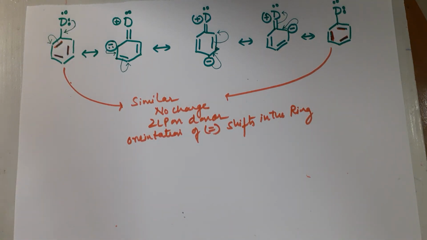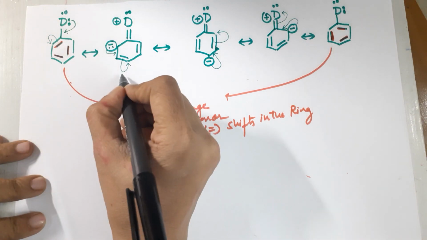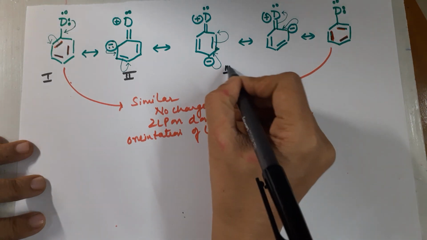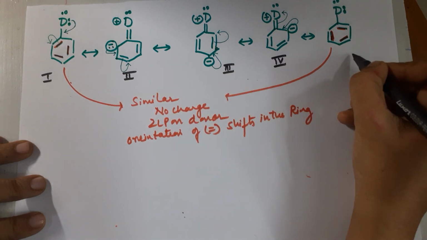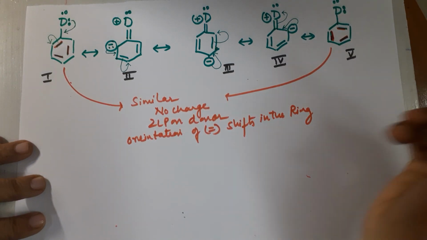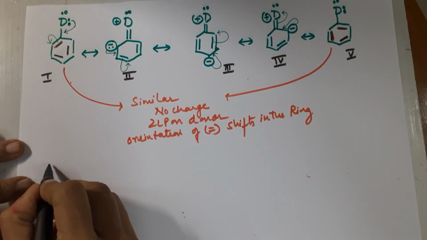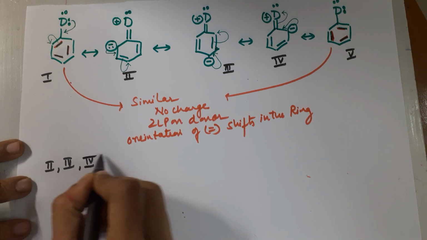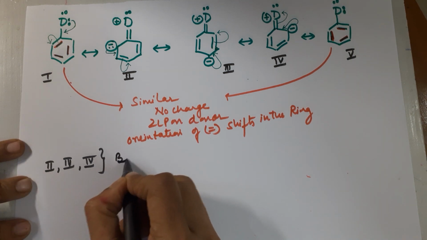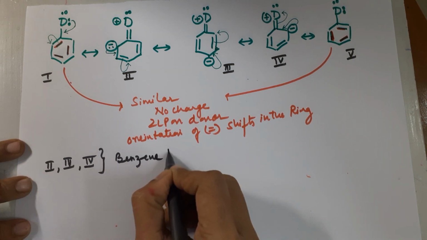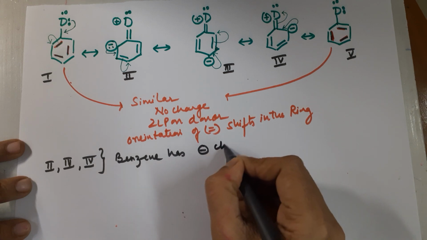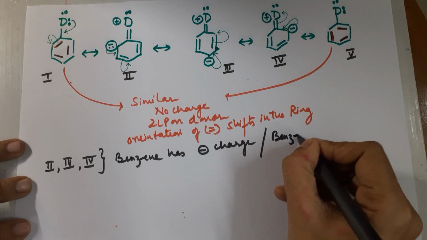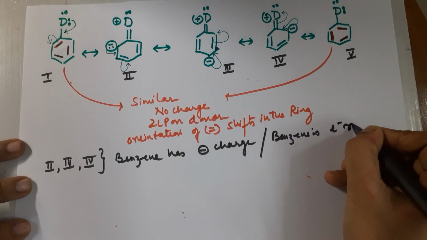Also pay attention. I have structure 1, I call this 2, this has the 3rd structure, this has the 4th structure and the 5th structure. Can you see that in the 2nd, 3rd and the 4th resonating structures, benzene has negative charge, or we say benzene is electron rich.